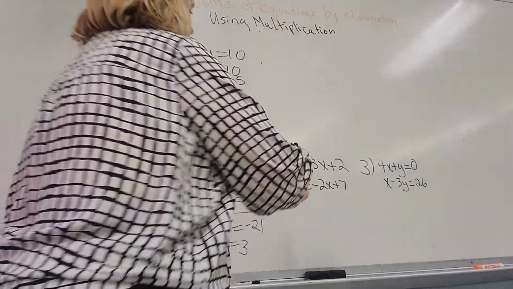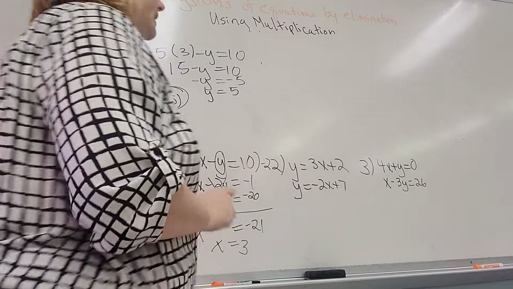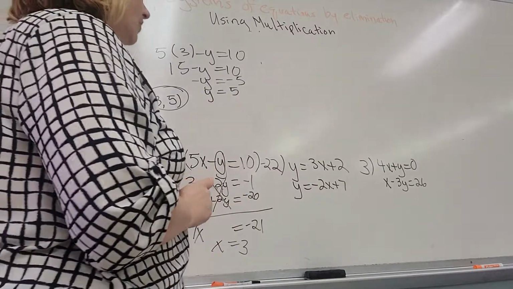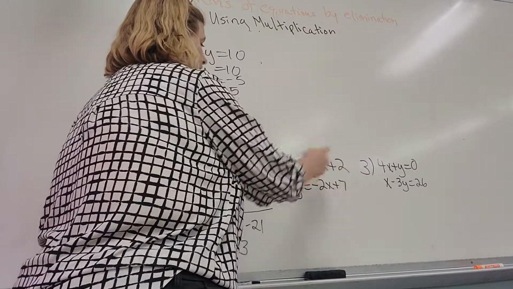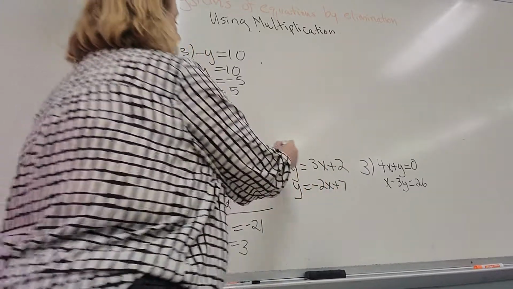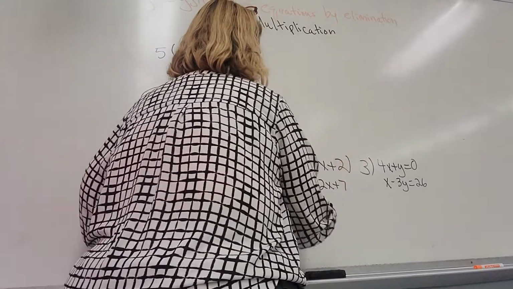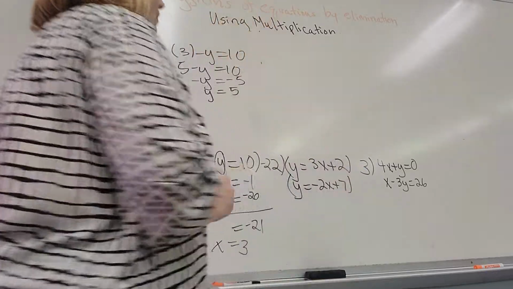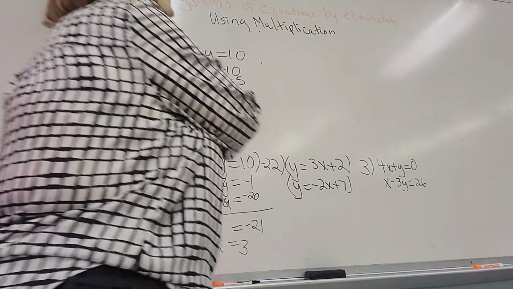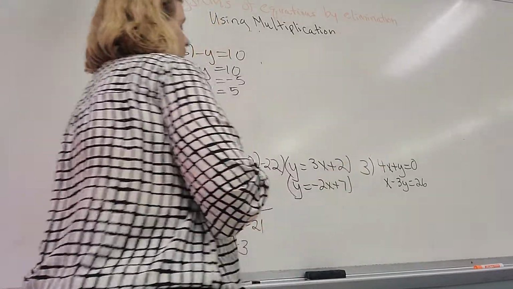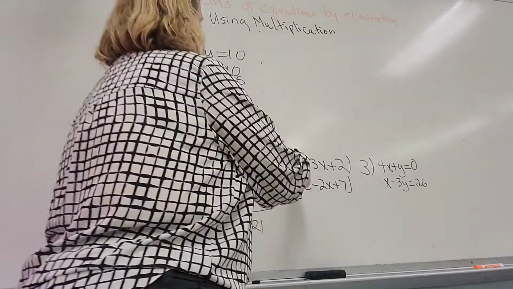On this one, we do not have any coefficient with the variable in common. We also do not have anything that can go into the other. So we're going to have to multiply both of these equations by something. I will pick the easiest one, the 3 and the 2. Before we do that, we need to put it in standard form.